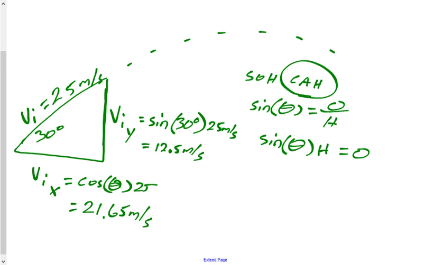I just rounded that off there for no particular reason. All right, so now that we have the components broken down, let me even circle those. So this is, again, the velocity in the x direction, and this is the initial velocity in the y direction.